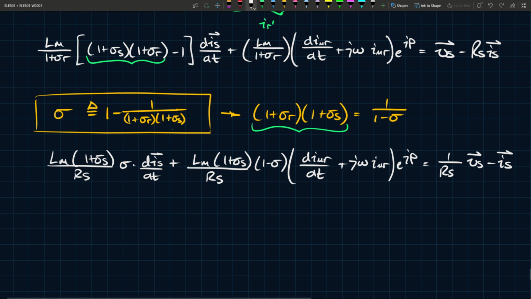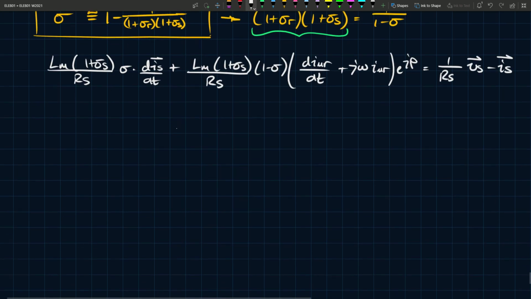Now, let's go one step further and define another thing. Let's define a time constant, tau s. So we had a rotor time constant; this is the stator time constant. It is defined as Ls over Rs. Very straightforward.